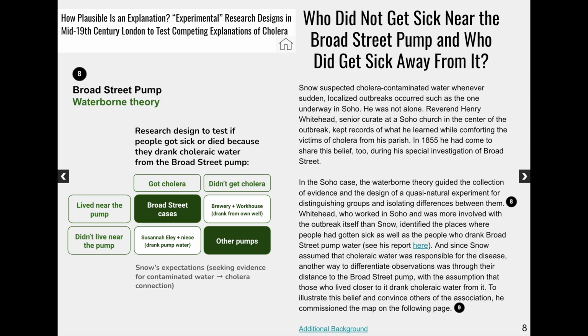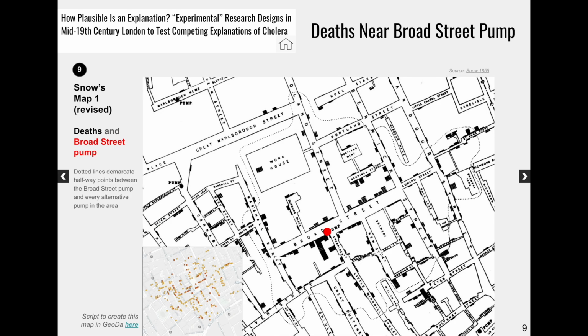Snow was convinced that the cause of the Soho cholera outbreak was waterborne, and he fingered the Broad Street pump as the likely cause. Thus, he commissioned 2 spot maps to depict his hypotheses that deaths increased as the distance to that pump decreased.